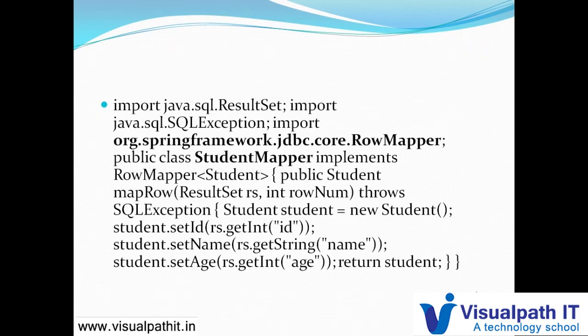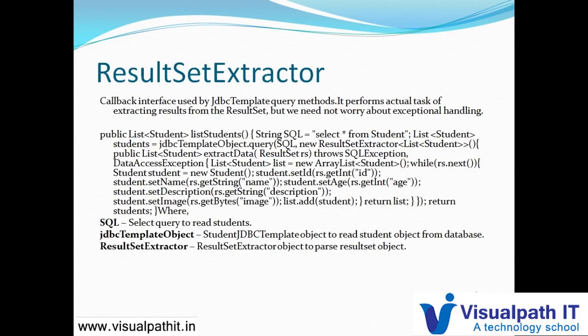See, this student mapper implements the row mapper of the student, and it maps each row with the row number and the result set, and it will set the name, age and ID here. That will be returned.